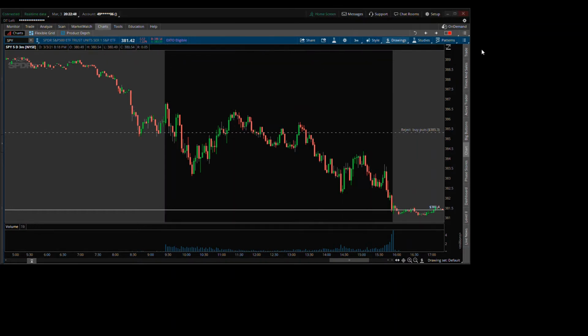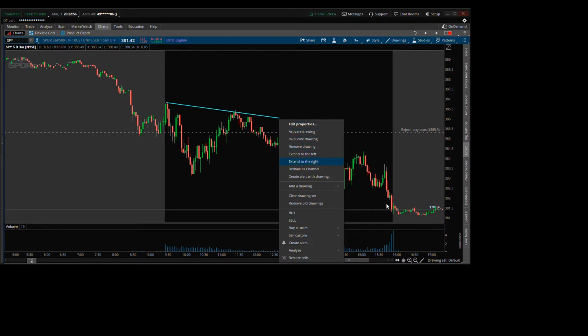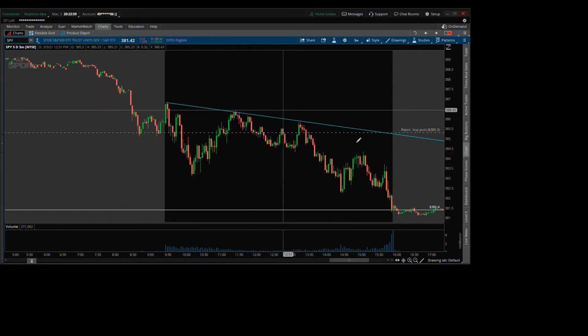So if we connect these two highs and then I extend it, then if I see this coming up and doing this, I'll wait and see what it does here next. As it comes down and rejects here, these two established my trend for the day, at least for this time being.